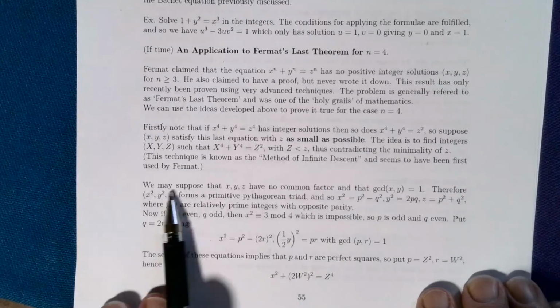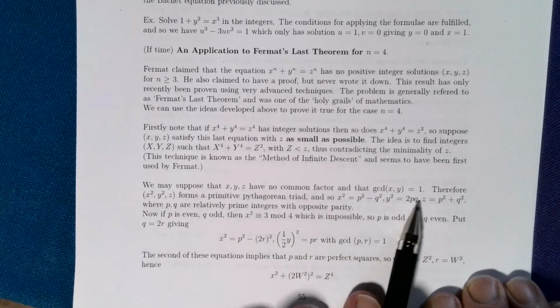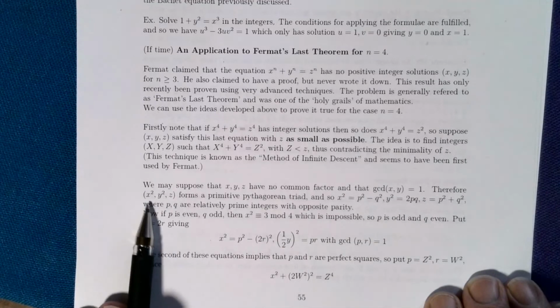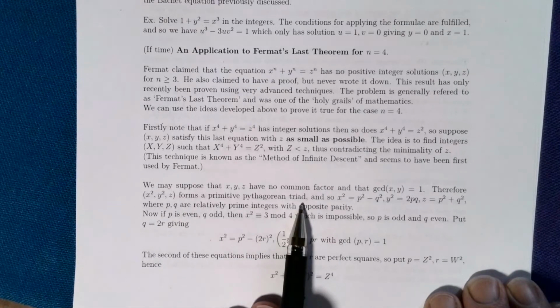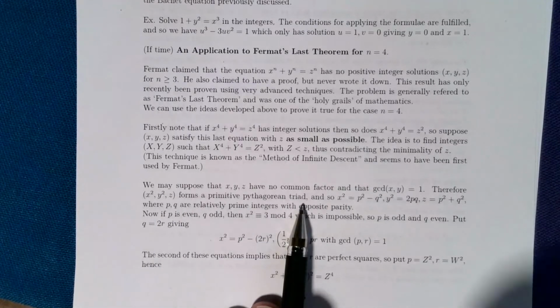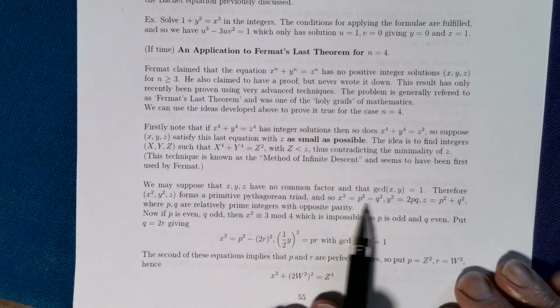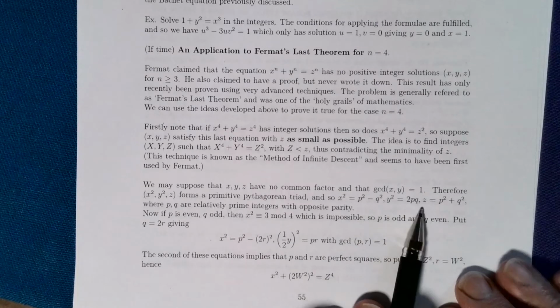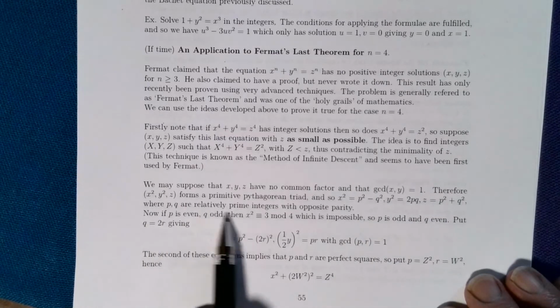So we may suppose that these have no common factor and the GCD of x and y is 1. Therefore, x squared, y squared and z form a primitive Pythagorean triple. And we know what the primitive triples look like, so x squared must be p squared minus q squared, y squared is 2pq and z is p squared plus q squared, where p and q are relatively prime with opposite parity.